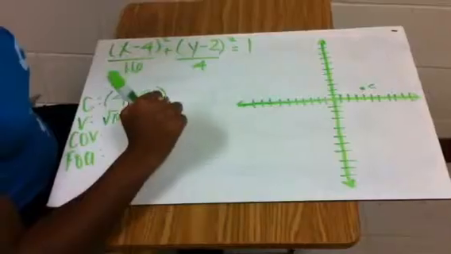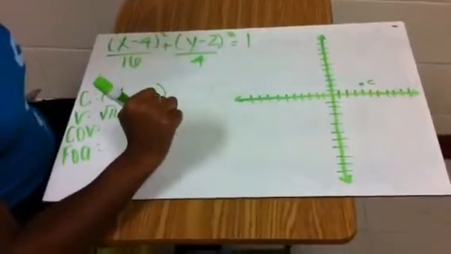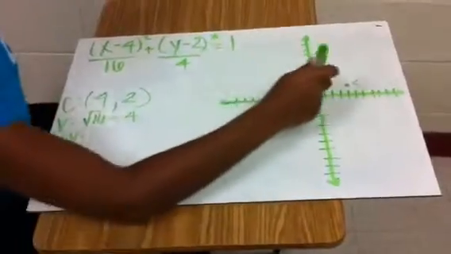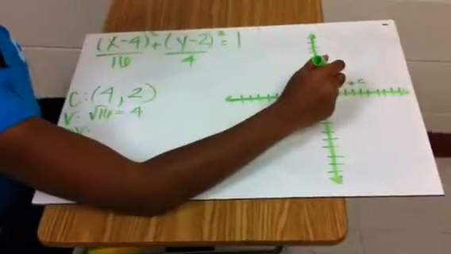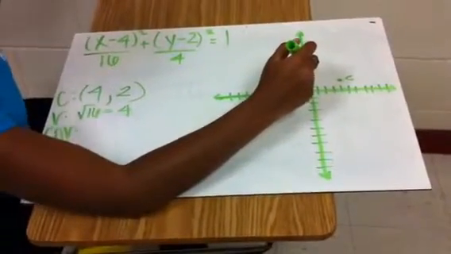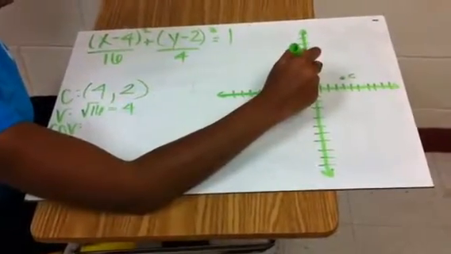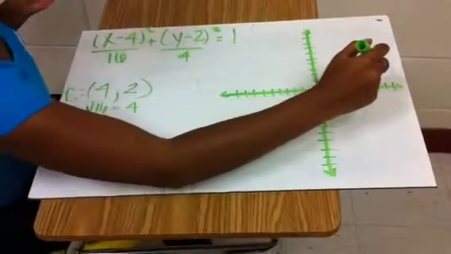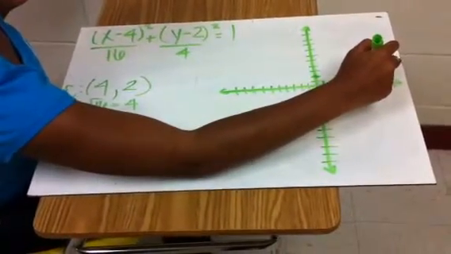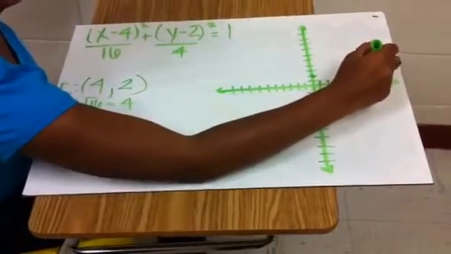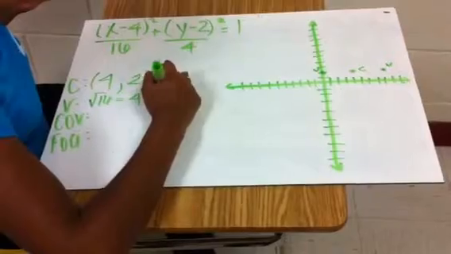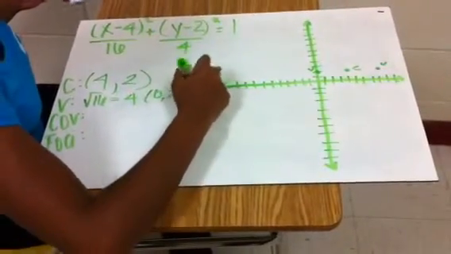So now that you know the square root of 16 equals 4, from the center point, you go left and right 4. Right here. And those are your vertices. So you write it down, and it's going to be 0, 2, and 8, 2.